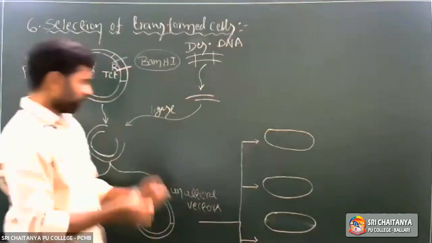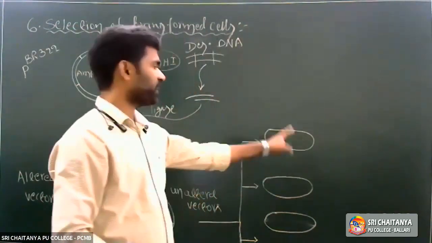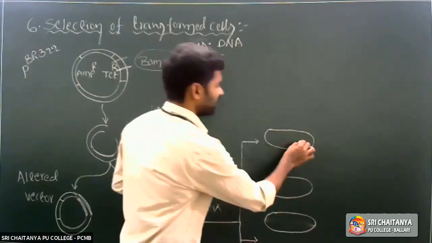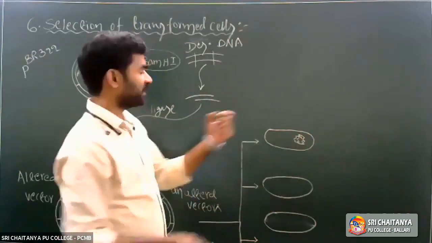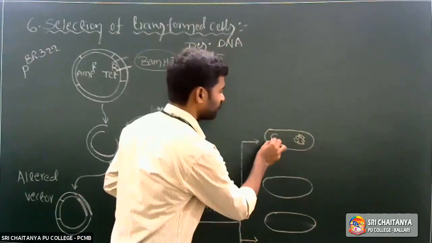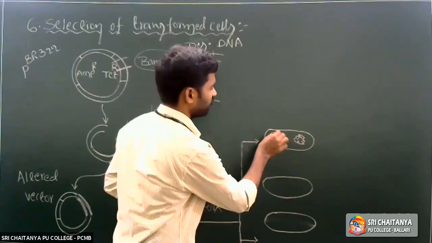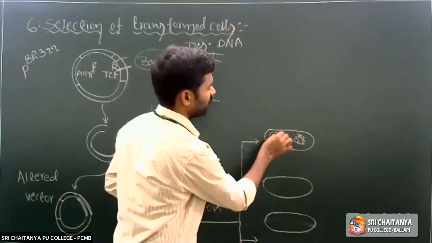See, when we insert the two types of vectors into the host cell cytoplasm, some bacterial cells receive altered vectors.